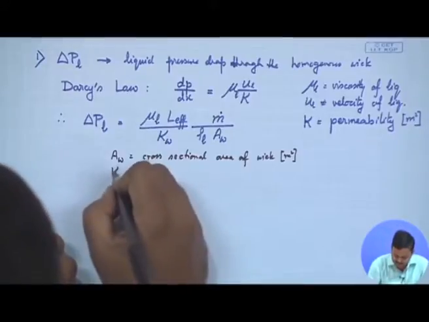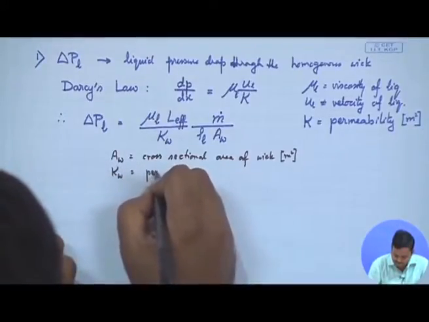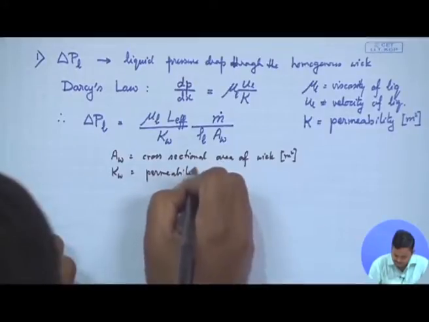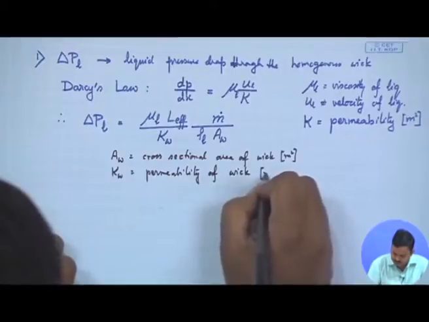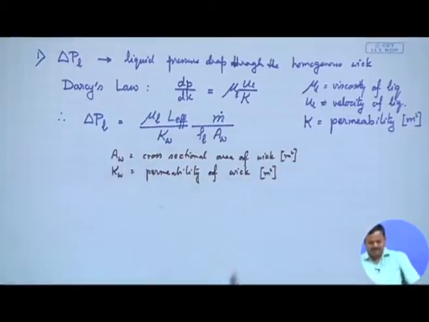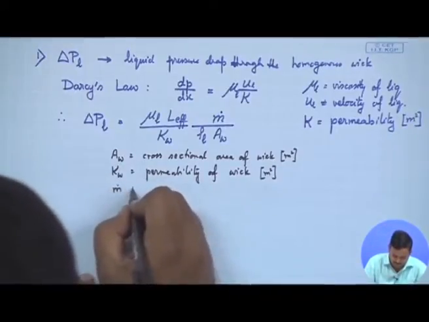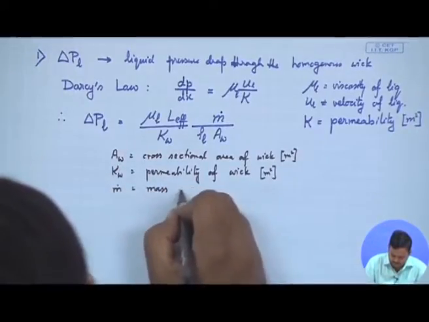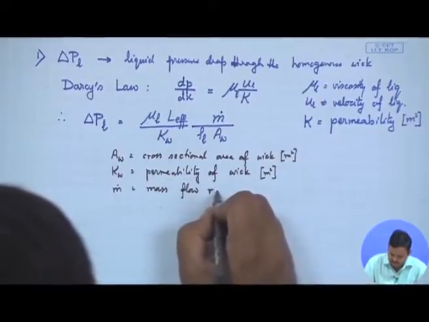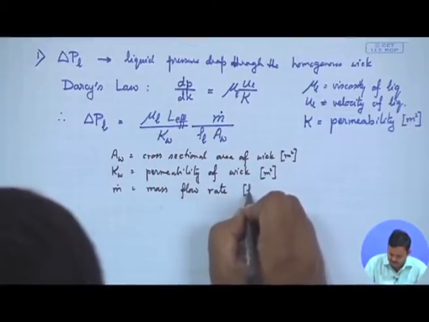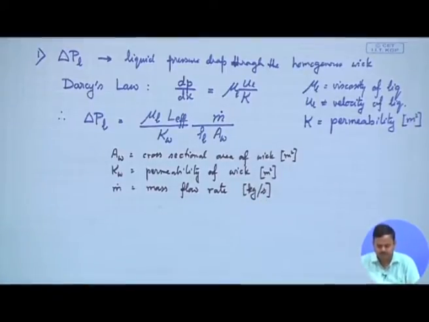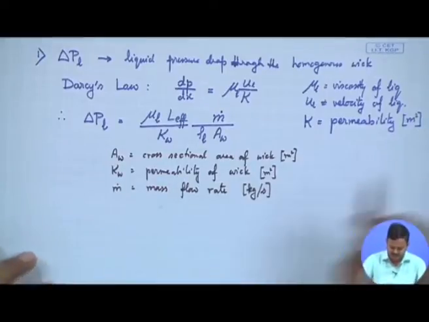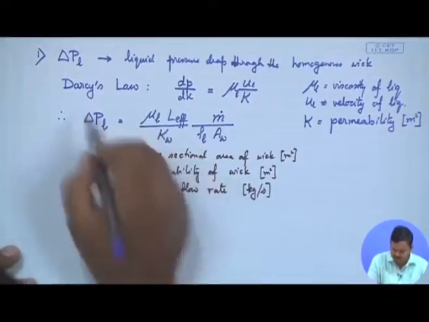Kw is the permeability of the wick, also denoted in meter squared, and the rest of it is standard definitions, we all know that. M dot, let us call it the mass flow rate, given in kg per second. Next, this is number 1, and so we have got this expression.